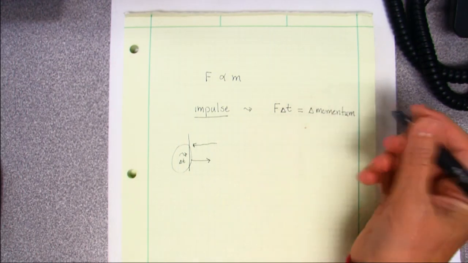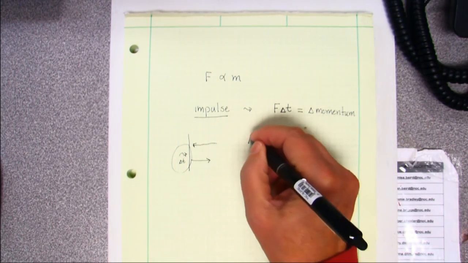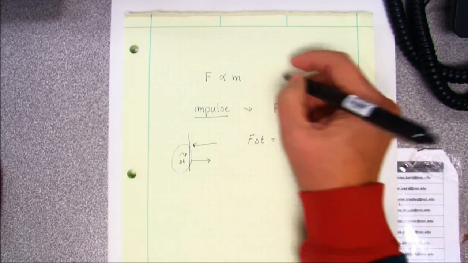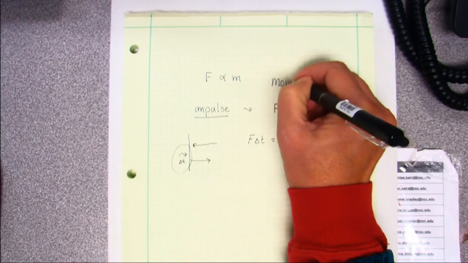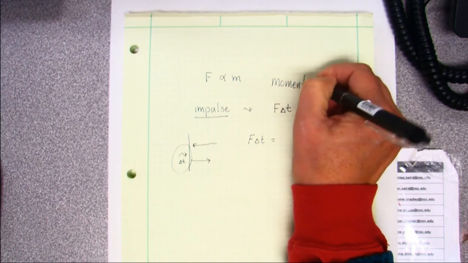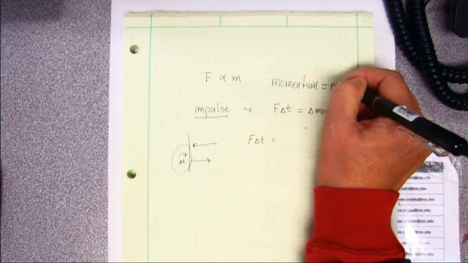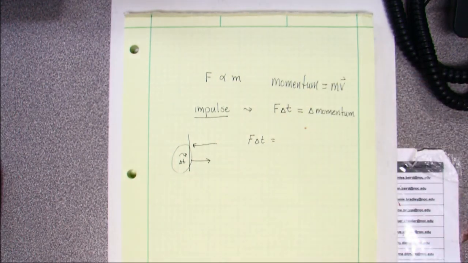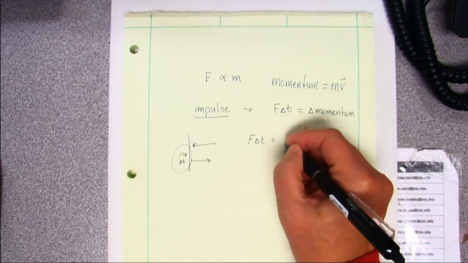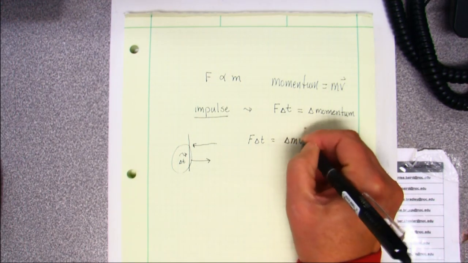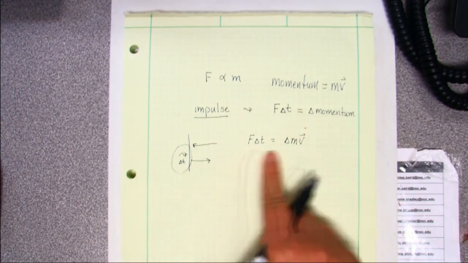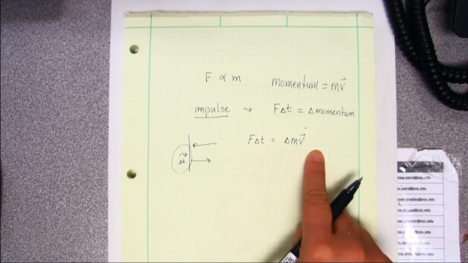So if I do this, I'm going to define momentum. Momentum is defined as mass times velocity. So if I do this change in momentum, I get that my force is the change in momentum over the change in time.